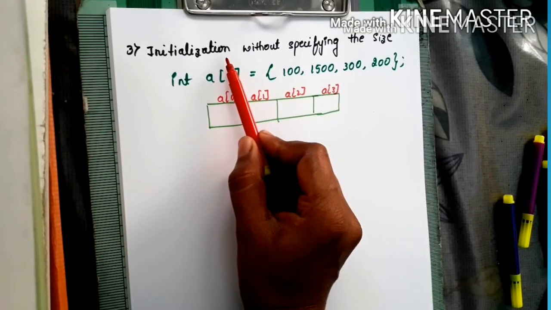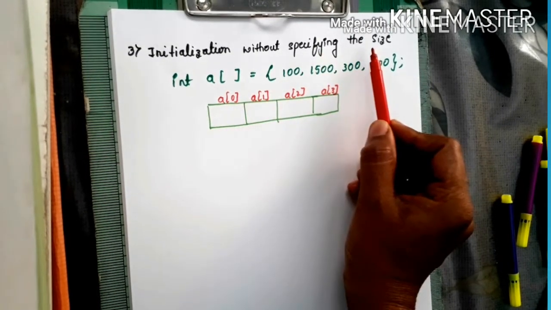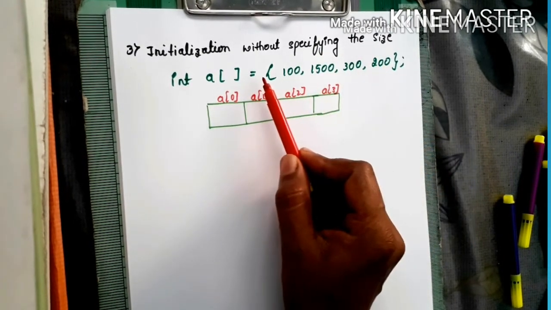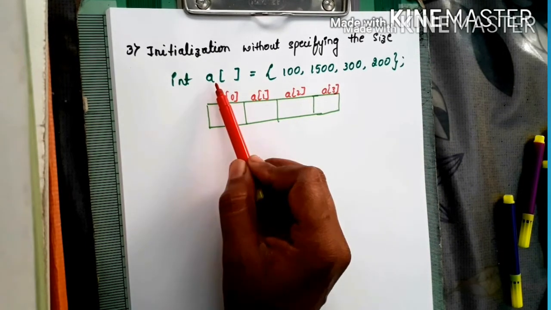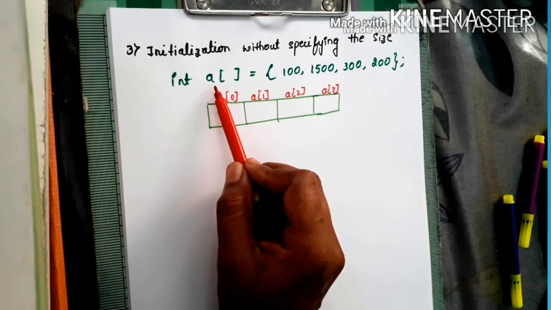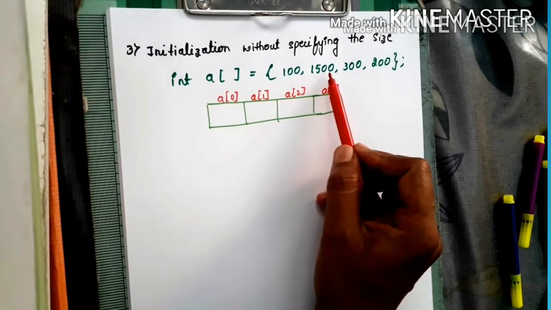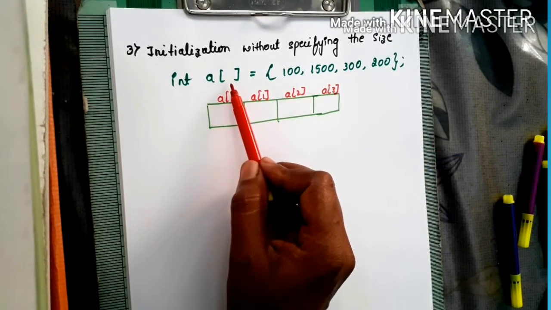The next type is initialization without specifying the size. Means we can also initialize the array without specifying the size. For example, here I have taken an integer array A and I have initialized the first 4 elements of the array A without specifying the size.